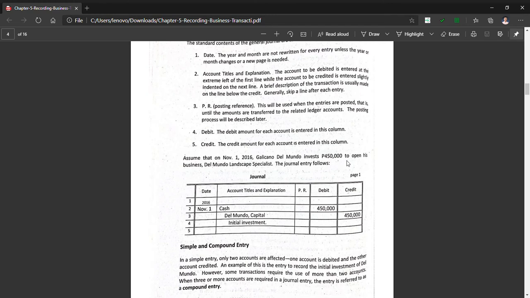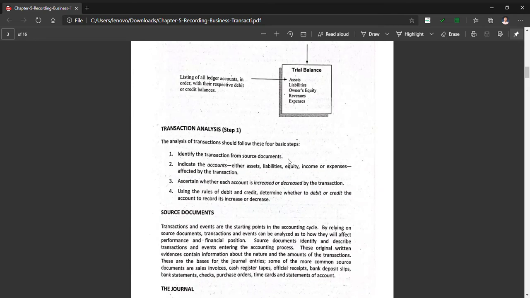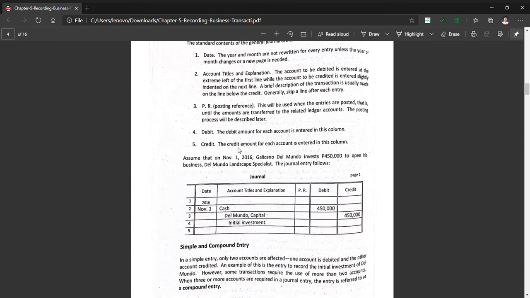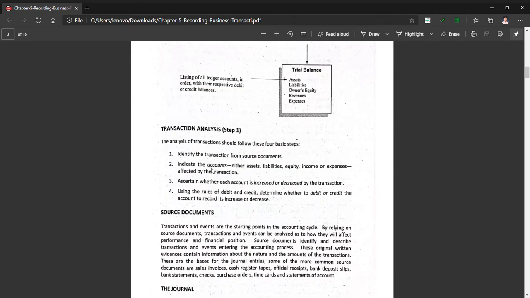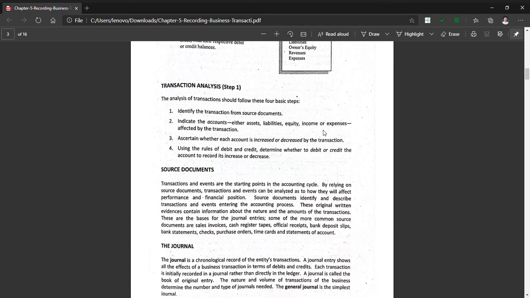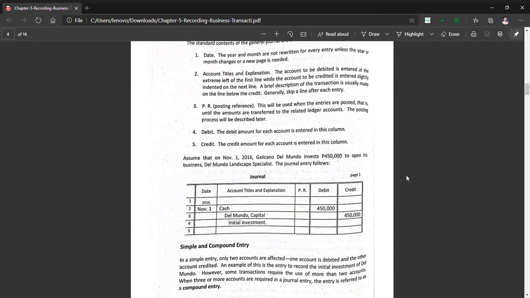So dahil nag-invest siya ng 450,000, you first determine under this type, identify the transaction. So ito na yung transaction, right? Next step, indicate the account, either asset, liability, equity, income, or expense. So, under this transaction, ano yung account na na-affect? So, dahil nag-invest siya ng 450,000, ano ba yung 450,000?